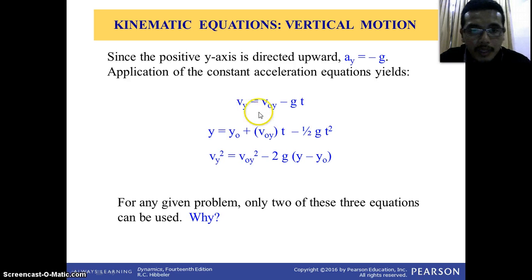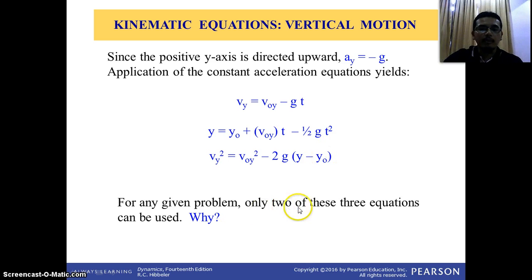So Vy is equal to V naught y minus g t, because a is equal to minus g. And y is equal to y naught plus V naught y t minus half g t square. Again, Vy square is equal to V naught y square minus 2 a (y minus y naught), but here a is minus g.